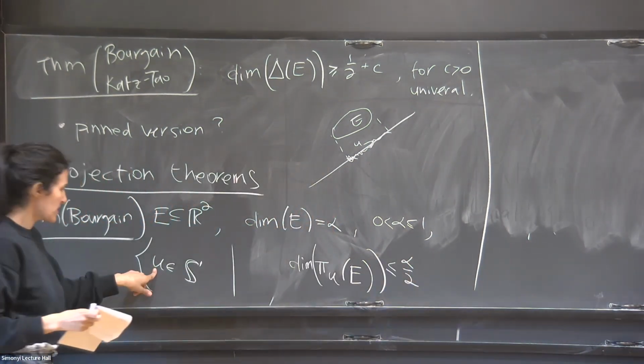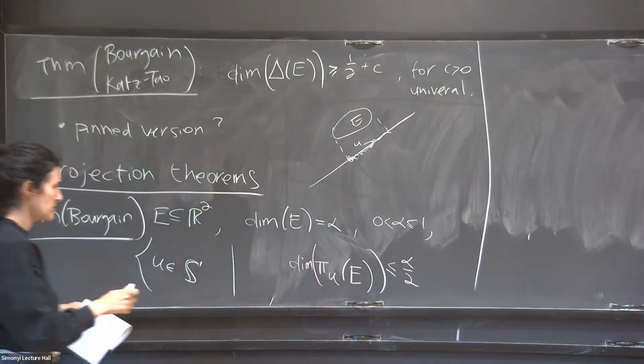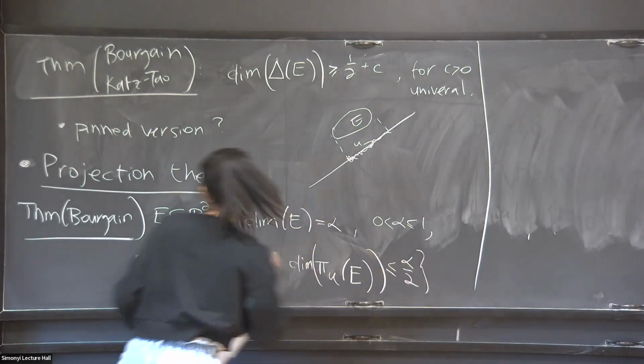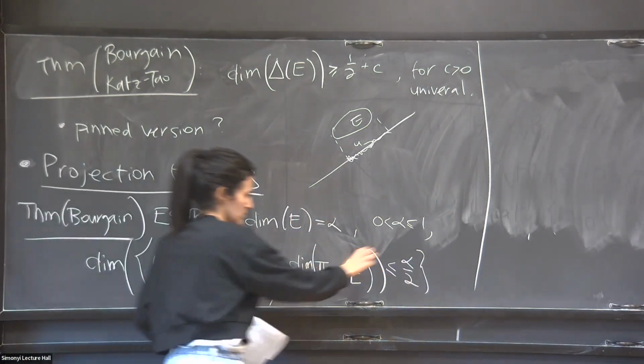Let's look at all of these directions such that the projection is really small. What Bourgain proved is that this set of directions will have Hausdorff dimension 0.